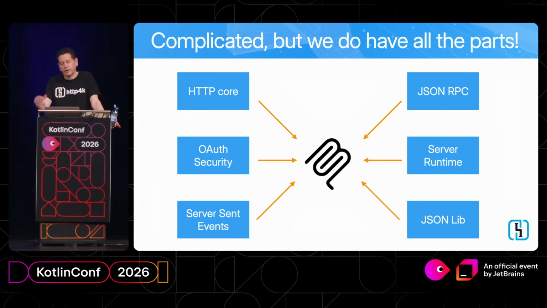We had runtimes. We had JSON stuff. So we had all the bits, which means we could just reuse those small modules that we created over the previous 7 years, bring them in, and then the only thing we would have to do would be to actually model MCP itself, which turns out to also be not so trivial in the first place.